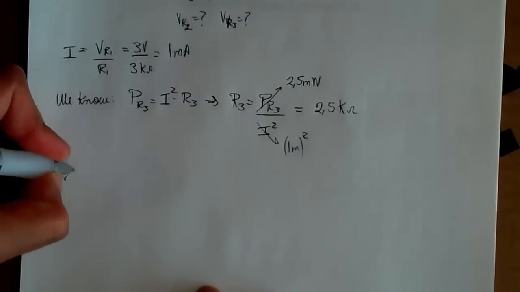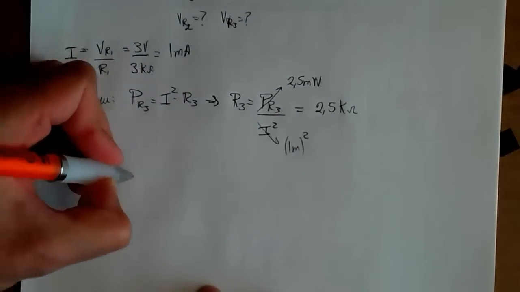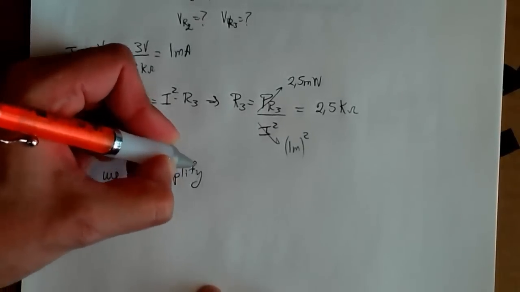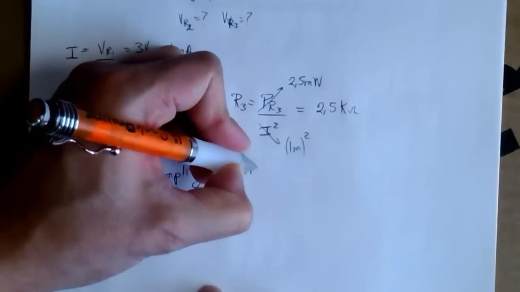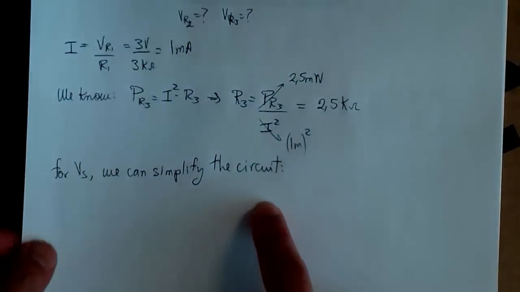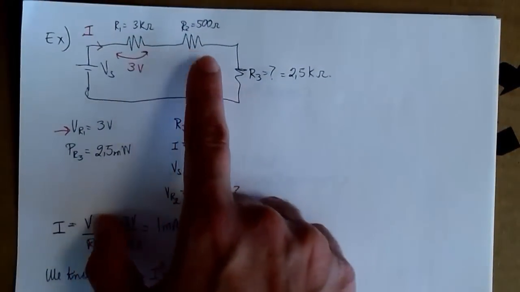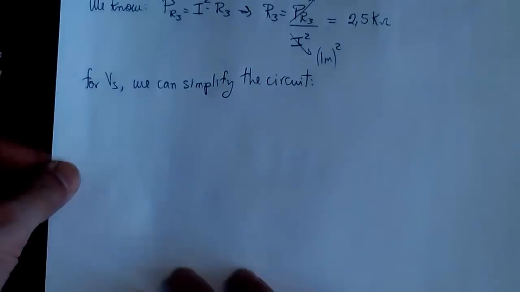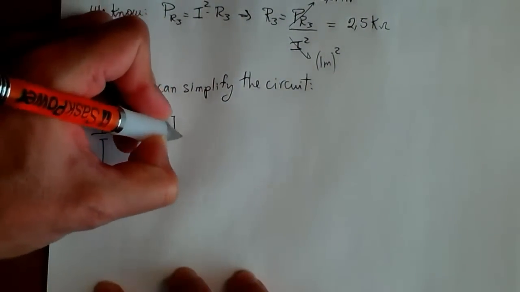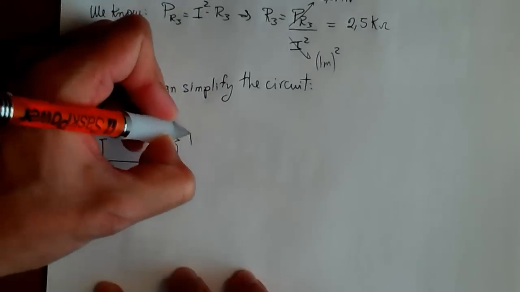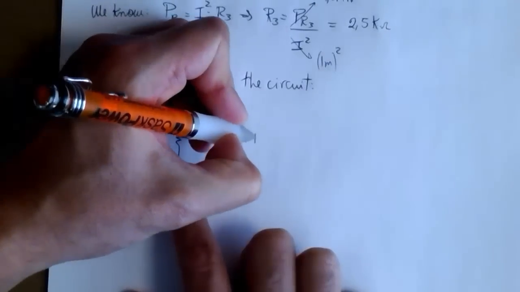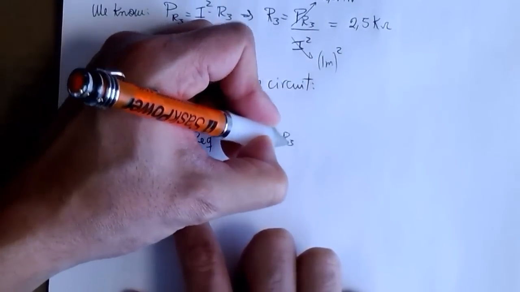So one thing we could do to find Vs is to simplify the circuit to have just one equivalent resistance. Since we know the value of R1, R2, and R3, and we know the 3 are connected in series. So we can just simplify the circuit to have one source providing Vs, and then one equivalent resistance, and this resistance is going to be given by R1 plus R2 plus R3, since they're all in series.